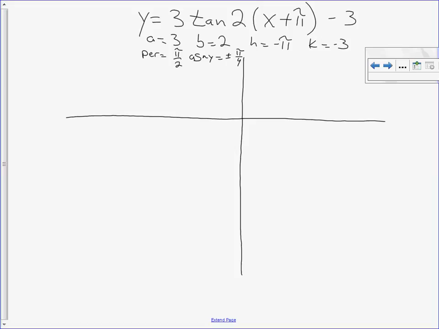I know in lieu of time right now, hopefully everybody got that much. Okay. So start with the asymptotes. A is positive, so it's going from quadrant 3 to quadrant 1.